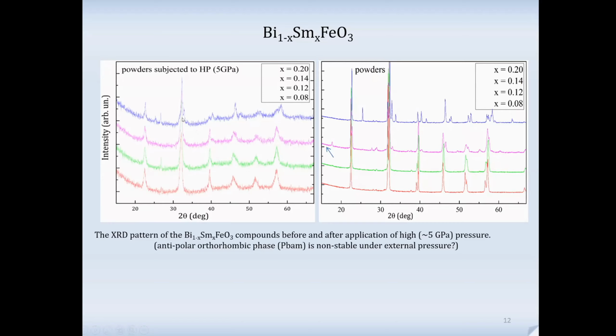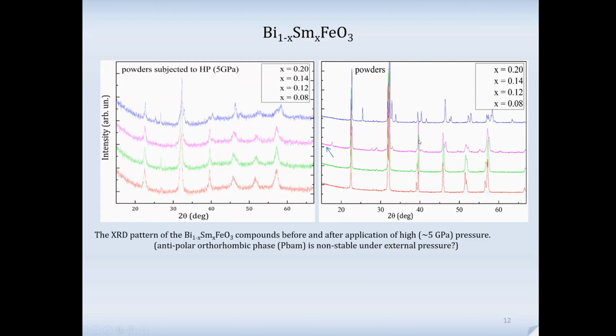This reflection is tiny; I guess this is from parasitic reflections from the sample holder. But what's interesting is that for the compound characterized by antipolar orthorhombic structure, which we consider as metastable, we don't have some specific reflections after application of high pressure which were there before high pressure.